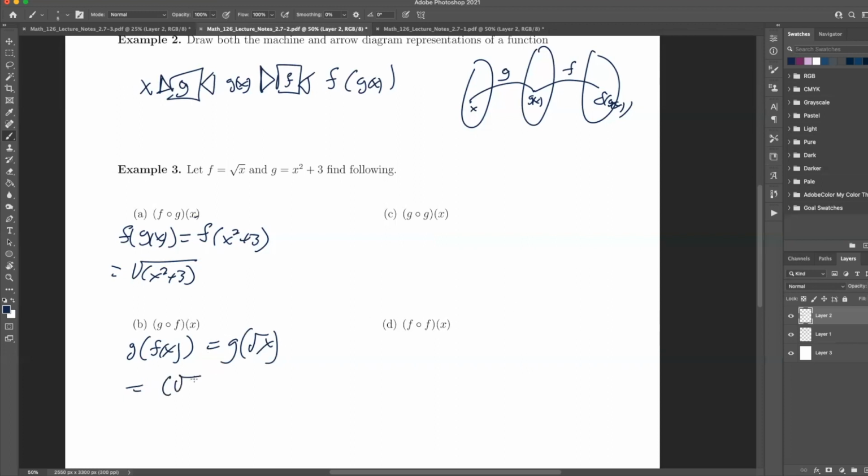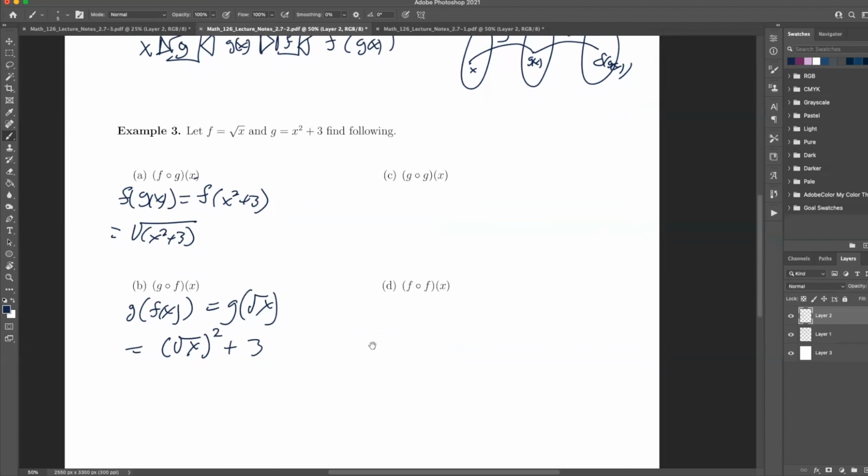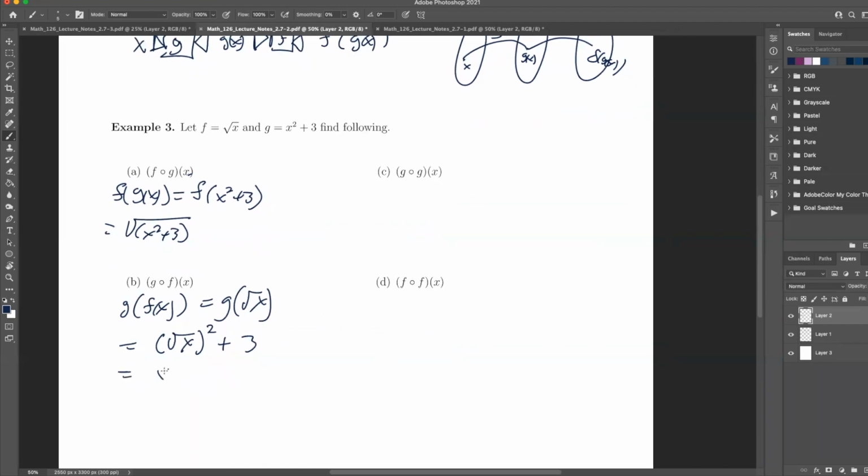So here I'll have the parentheses square root of x, squared, plus 3. All right. Now, if I simplify this, this is just x squared plus 3. And notice that this is okay, since I'm being very clear on what I'm doing.